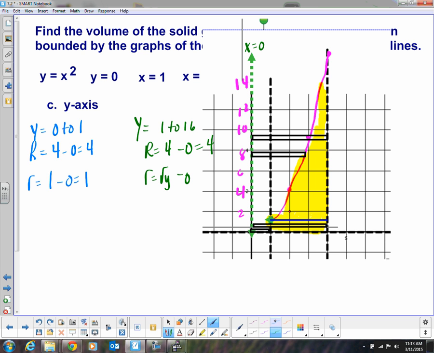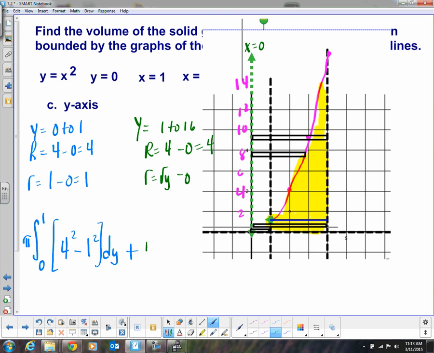So when I go to do this, I will be integrating, and this is why I do this, because it gives me my limits, because otherwise I have to go back and rethink that. 0 to 1, what's the large radius? Large radius squared minus small radius squared, dy, plus.